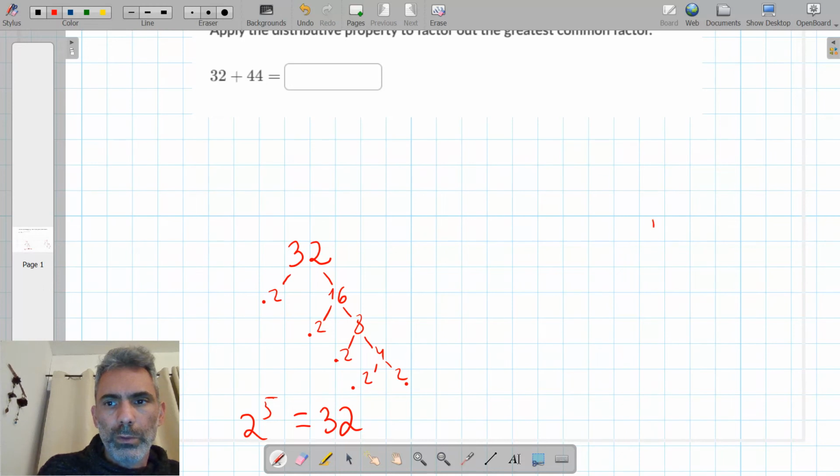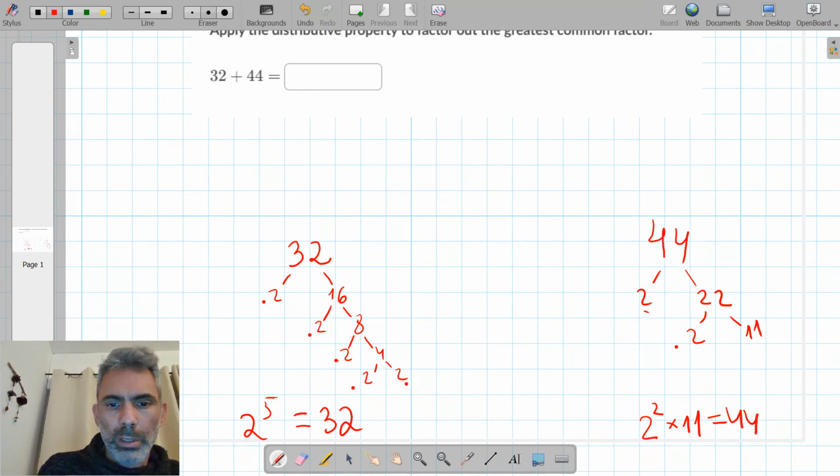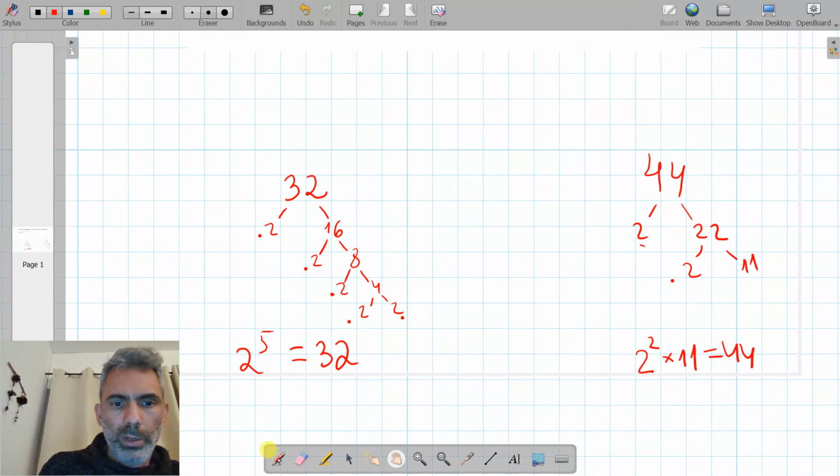Okay, and 44 is 2 and 22. And this is 2 and 11. So we have 2 squared times 11 is 44. So what do we have in common? We have in common the 2 squared. 2 squared is 4.